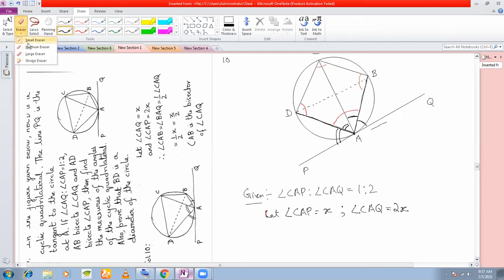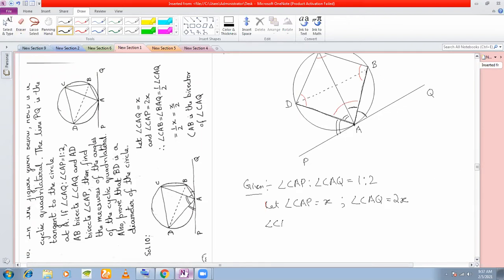Therefore, the sum of these two must be equal to 180 degrees. We write angle CAP plus angle CAQ is equal to 180, because the sum of the angles on a straight line is 180 degrees.